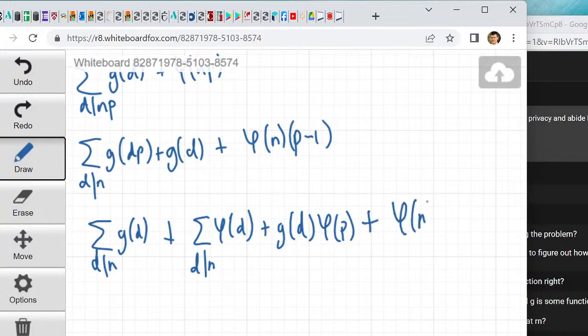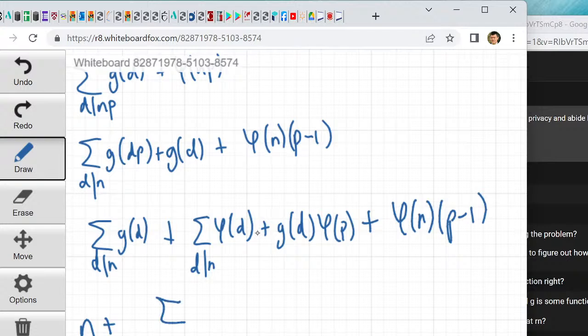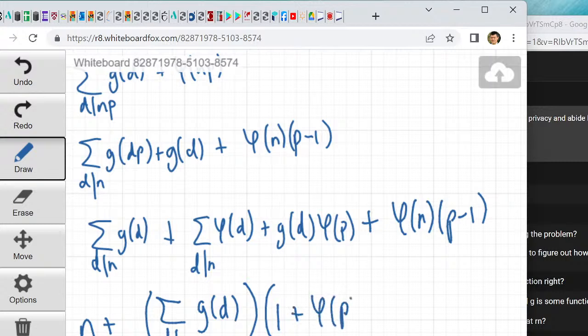Plus phi of N times P minus 1. So if we take this just to be N plus the sum over D dividing N of G of D, this term here is this one here, and there's phi of P of them there.